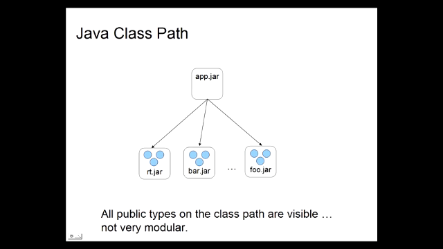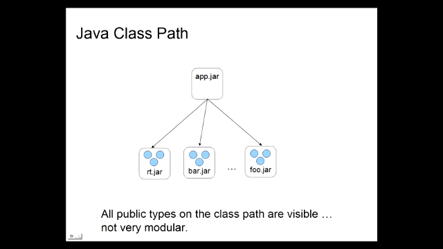So let's review the Java class path. In this example, the application is represented by app.jar, and it has a number of other jars that it needs on its class path, including bar.jar and foo.jar, and then the rt.jar represents the classes available from the VM.